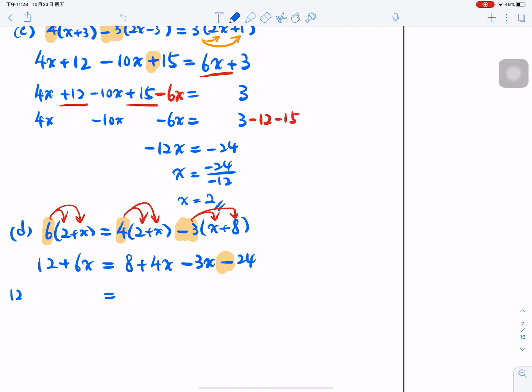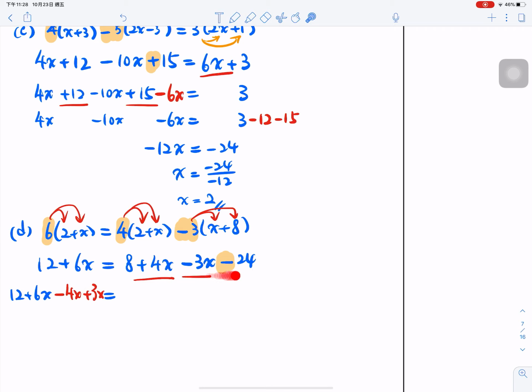Okay, 12 plus 6x. Now I want to put all x and x, all at the left hand side. So minus 4x plus 3x, right? Both sides minus 4x, so no more here.